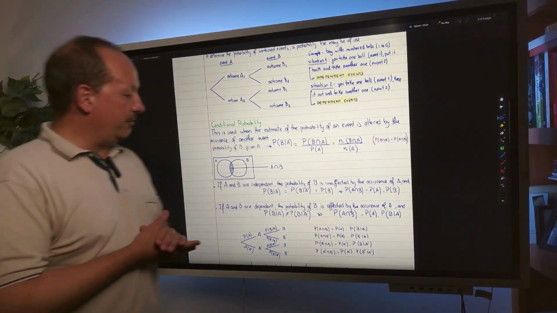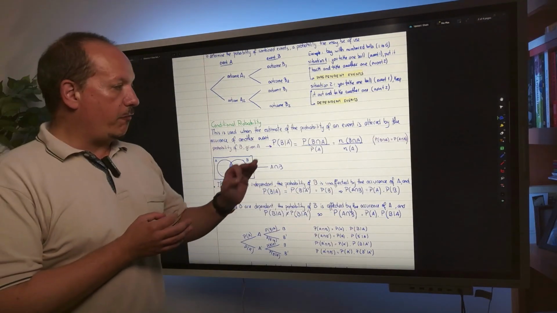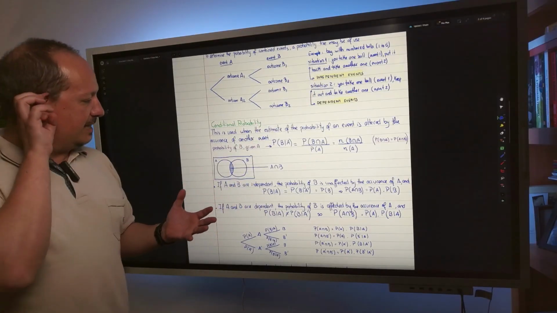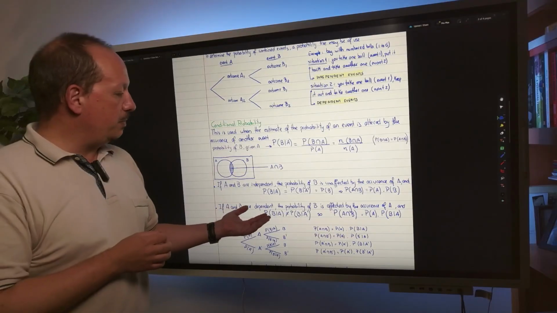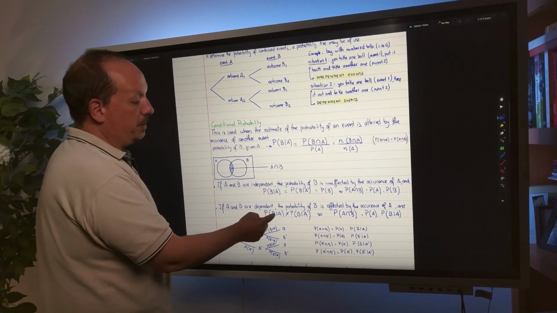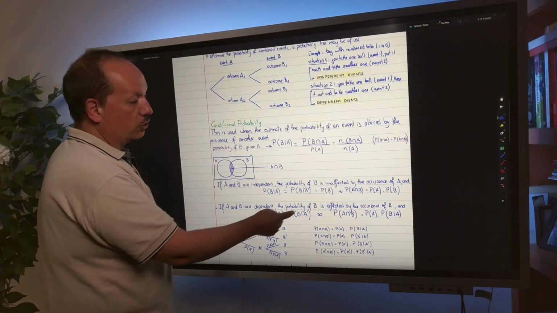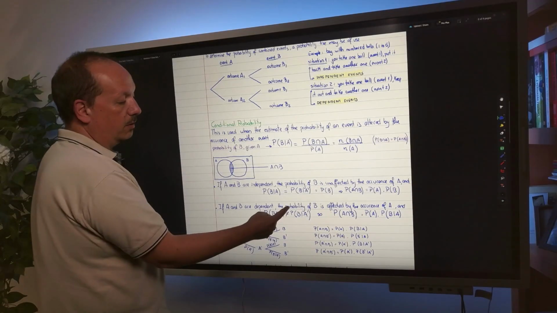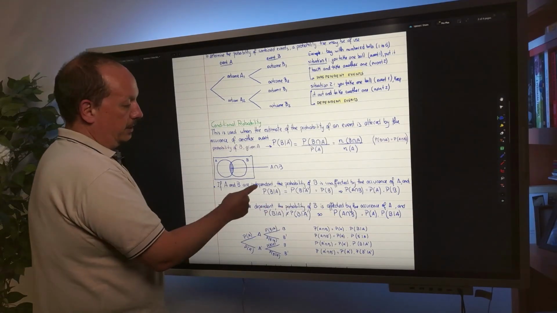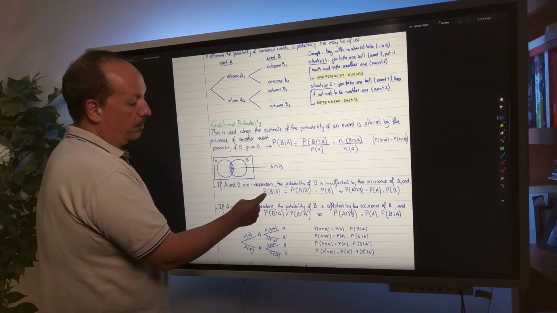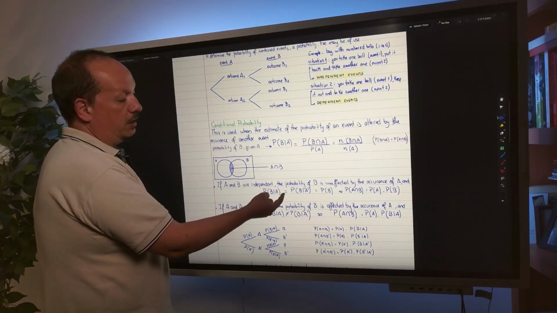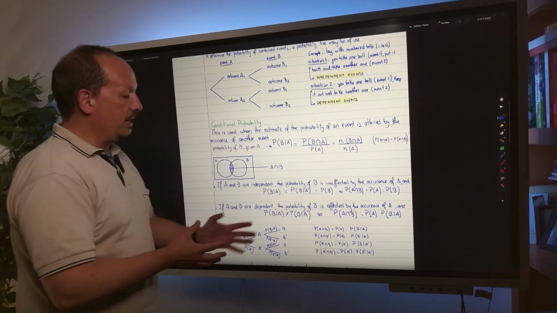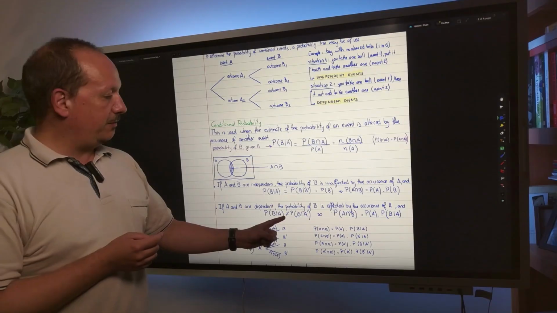If you have dependent events, now the probability of B is going to be slightly different, as we saw before. The probability of A is the same, but the probability of B knowing A is not going to be the probability of B only, as it was before. Before, in independent events, the probability of B knowing A is the same as the probability of B knowing the complement of A. This doesn't happen when you have dependent events.